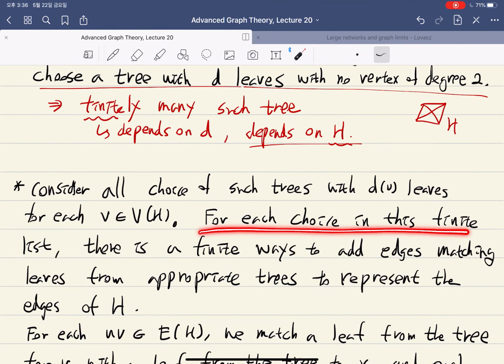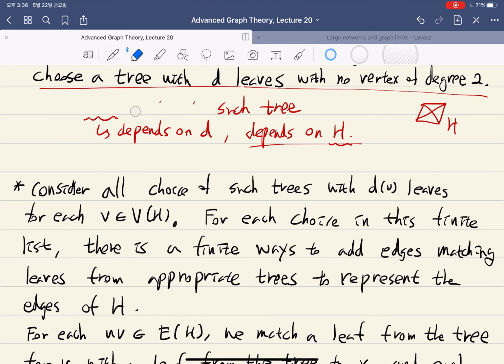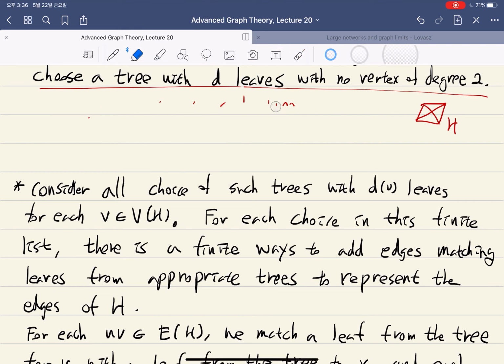And for each such choice, we also consider the number of ways to add edges between two trees. Say you have this one tree with 3 leaves and this one tree with 3 leaves.